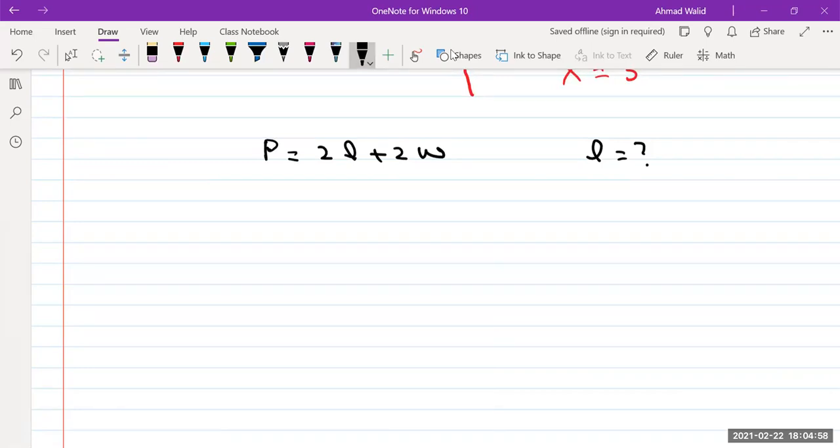P equals 2L plus 2W. Solve for L. If you are a little bit slow, first change this color to red. It means isolate L. I change it to a color because I don't want to touch this. This L should be alone on this side. Everything else should be moved to the other side.